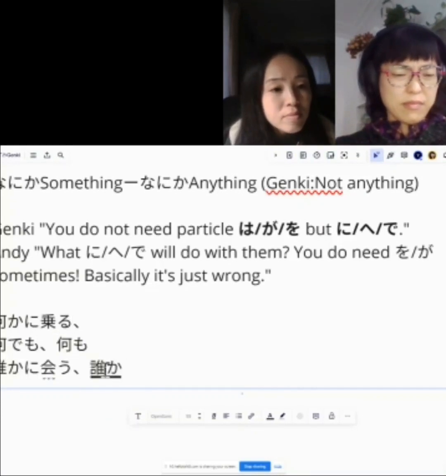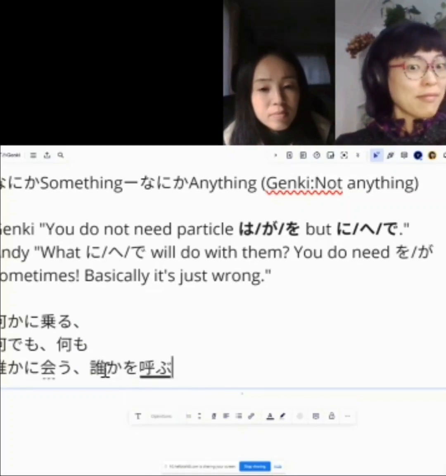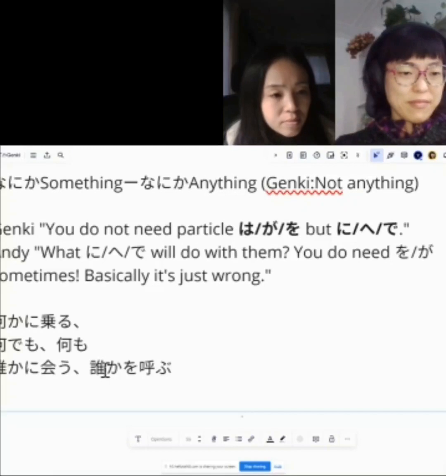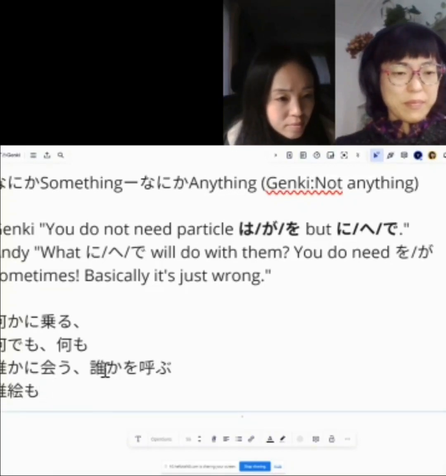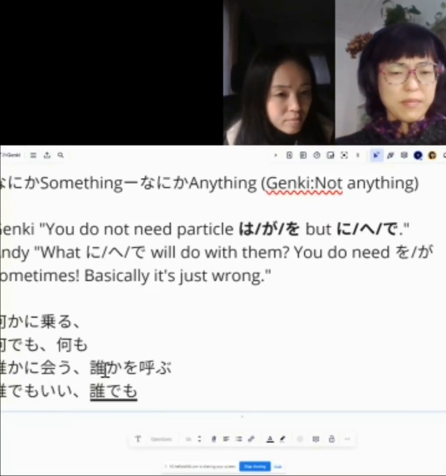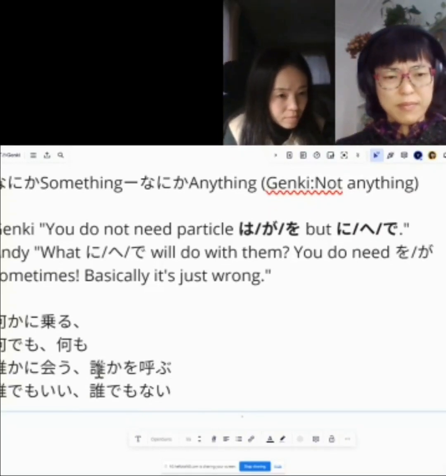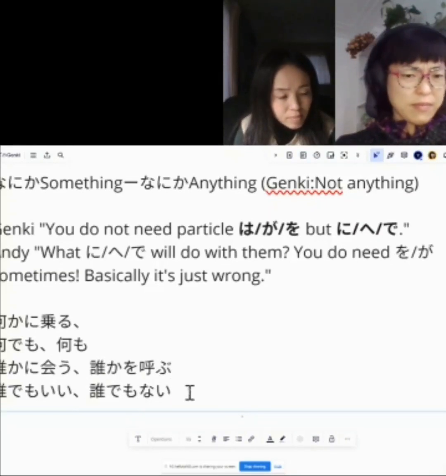But if you use it that way, you do need o. Depends on the verb you're using. Alright. Daredemo. Anyone. Daredemo ii means anyone is fine. But daredemo nai means nobody. So depending on what comes after is actually the most important thing in these situations. But dare ni mo awanai means I won't meet anyone. Dare ni mo is always going to be negative.